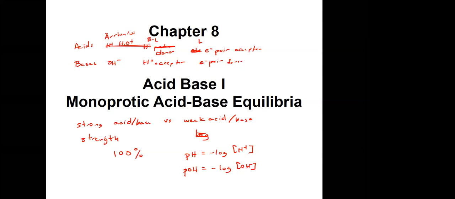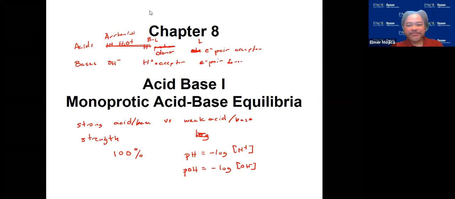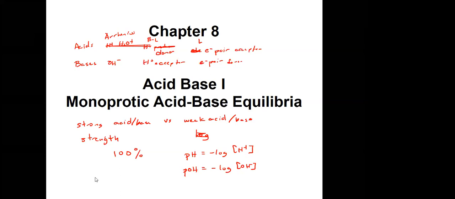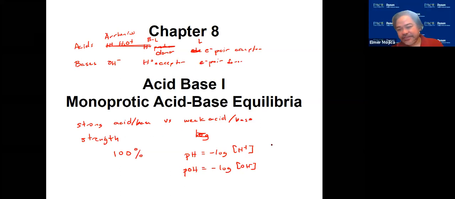Is it pH? Anyone? What about the Ka or Kb value? Okay. If a Ka or a Kb value is given, you can be 100% sure that it is a weak acid or a weak base.